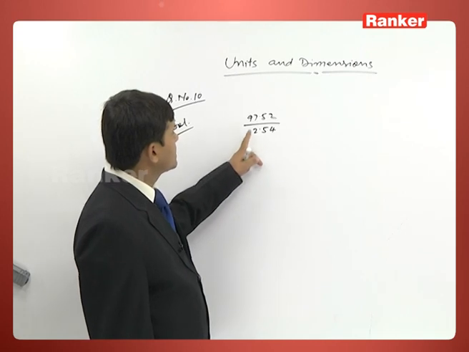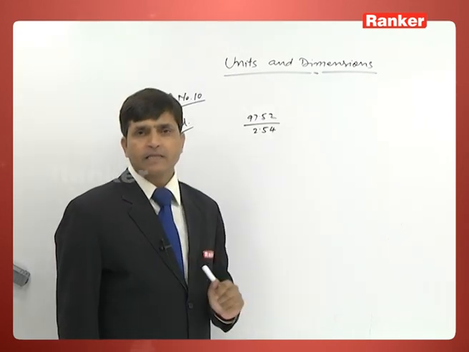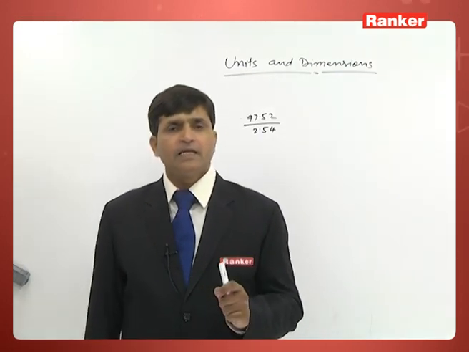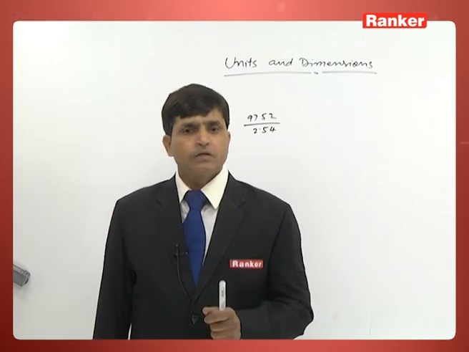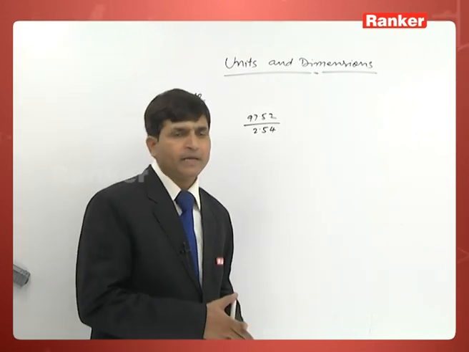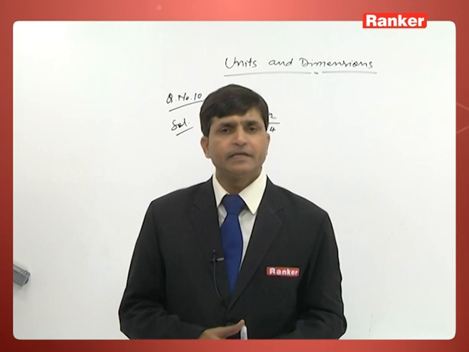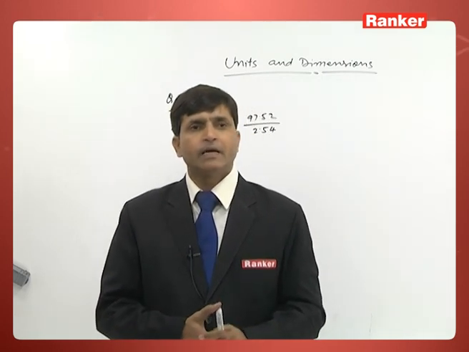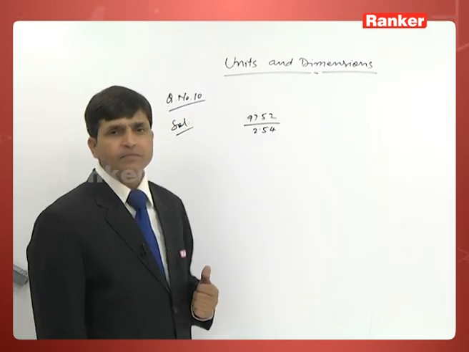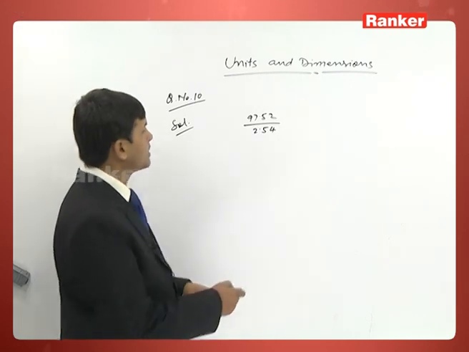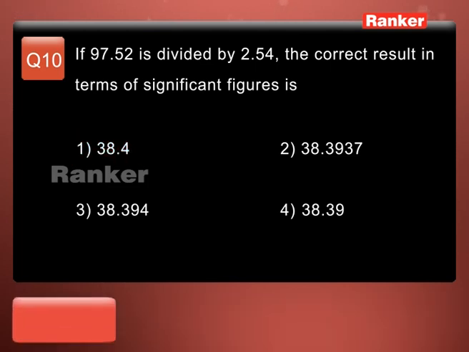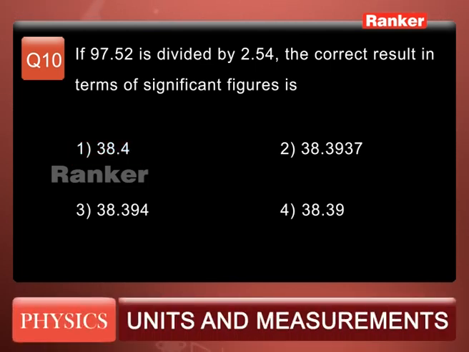In this expression, 2.54 has 3 significant figures and 97.52 has 4, so the least is 3. Without calculating, we can say directly from the options that option number 1 has 3 significant figures, but the rest have more than 3. So the final answer should have 3 significant figures. So option number 1 is the correct one.